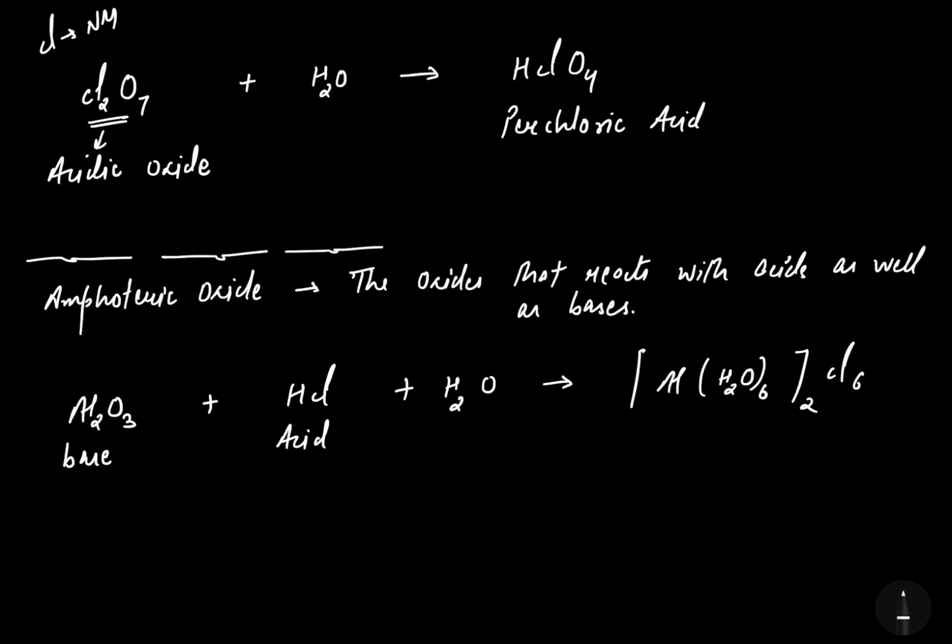So here it has reacted with acid. When any oxide reacts with acid, then that oxide will act as a base, so in this reaction Al2O3 is acting as a base.